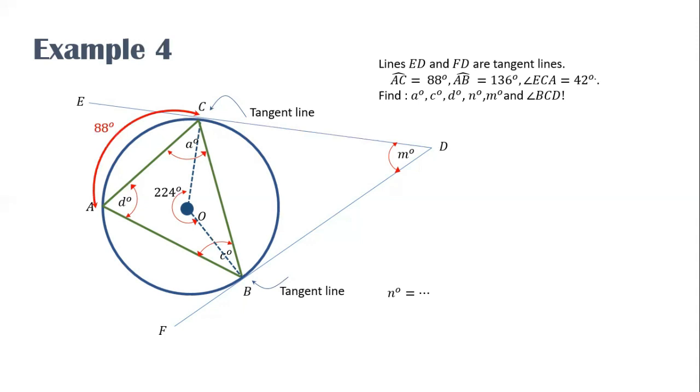Once again, the arc angle equals the angle at the center. Okay, we have to construct number one. And this is the angle at circumference with respect to 88 degrees. Is it clear to everyone? Good. Now we go to the next.